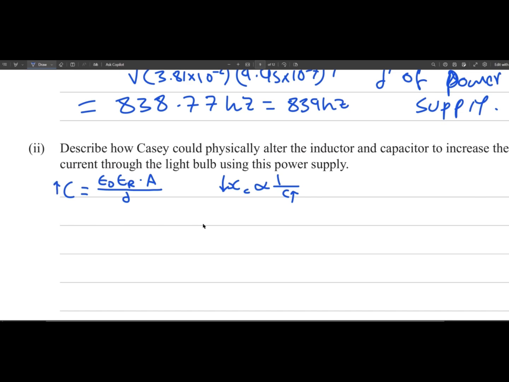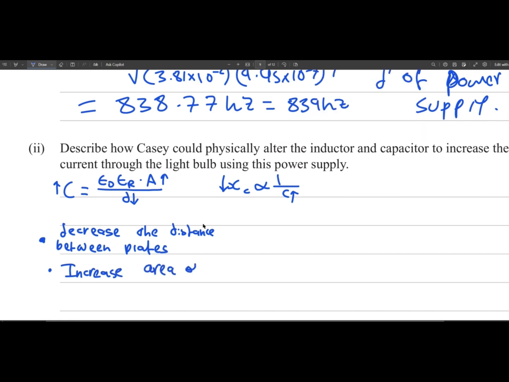To increase the capacitance, I would either have to decrease the distance between the plates, or I could increase the area of the capacitor plates.